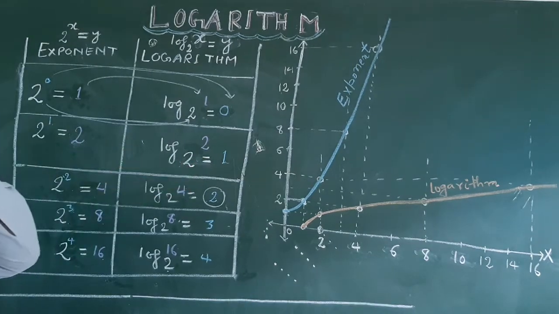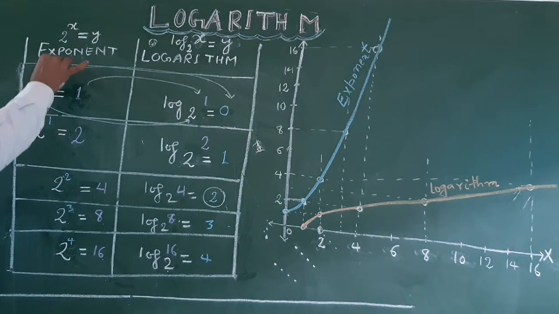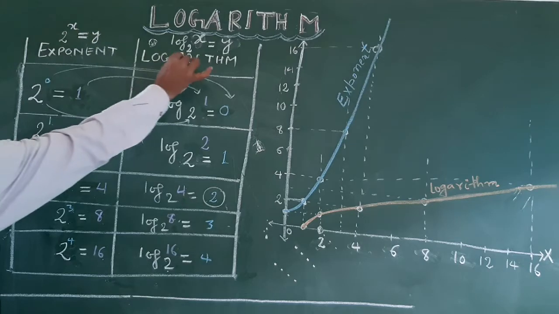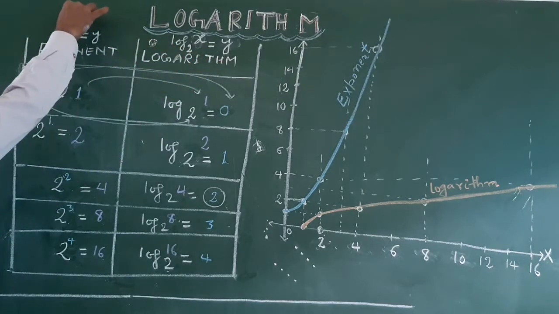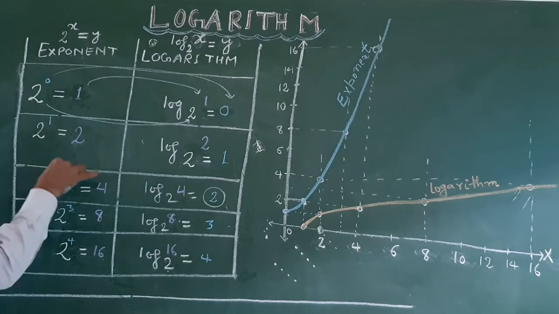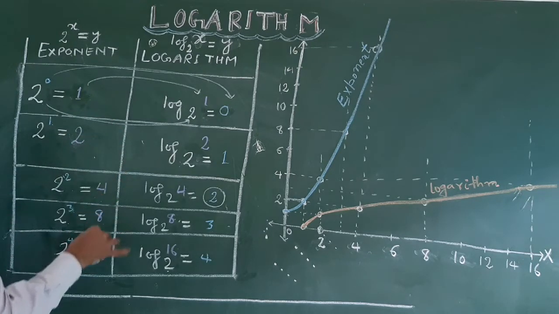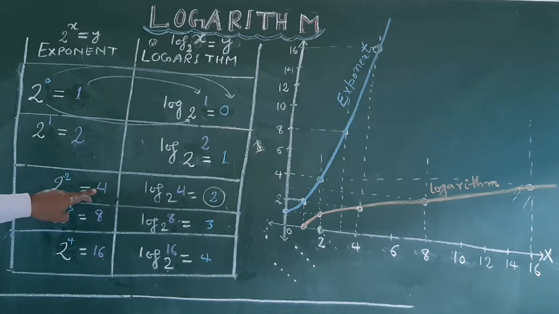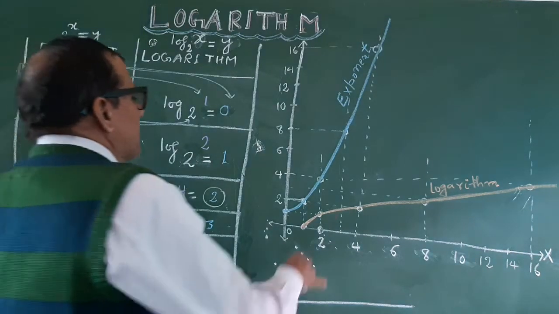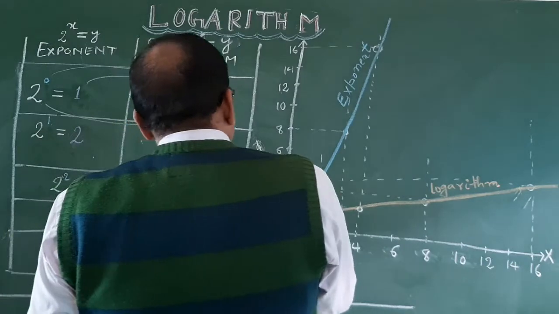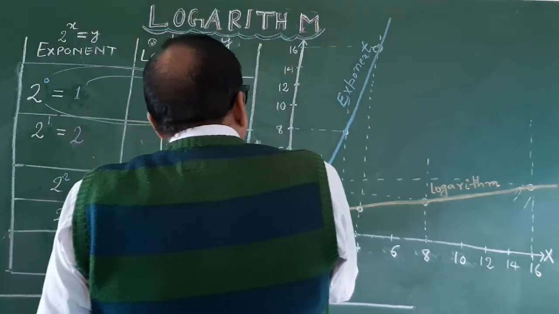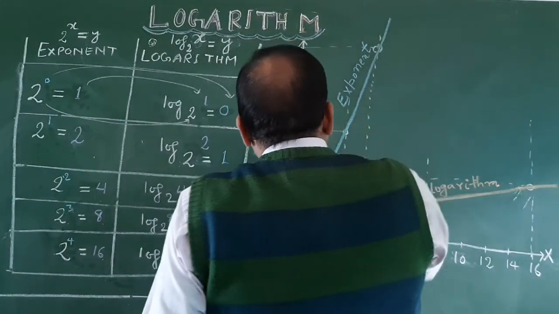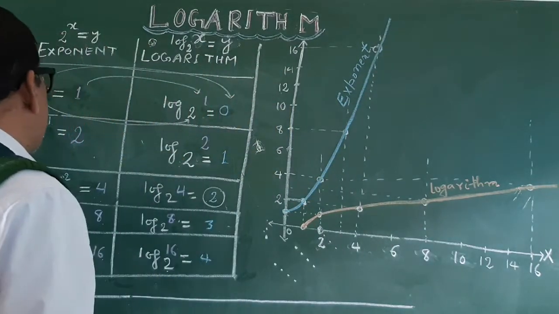As we observe here, the base is the same, 2 to the power x equals y. This is the value of x, and this is the value of y. Plotting the graph, taking 0, 1, 2, 3, 4 on the x-axis and 1, 2, 4, 8, 16 on the y-axis, we can observe that this is an exponential graph.